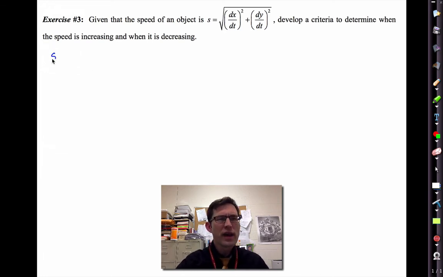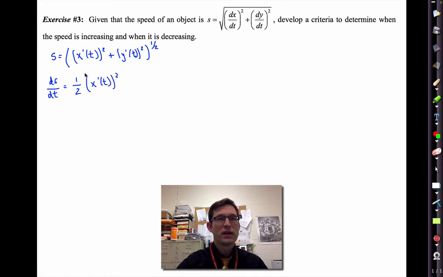So let's do it. Now, I'm going to rewrite this as x prime of t squared plus y prime of t squared, to the 1/2. So let's figure out ds/dt. I'm going to do that using the chain rule. I'm going to bring that 1/2 down. X prime of t squared plus y prime of t squared to the negative 1/2 times now the derivative of what's inside.